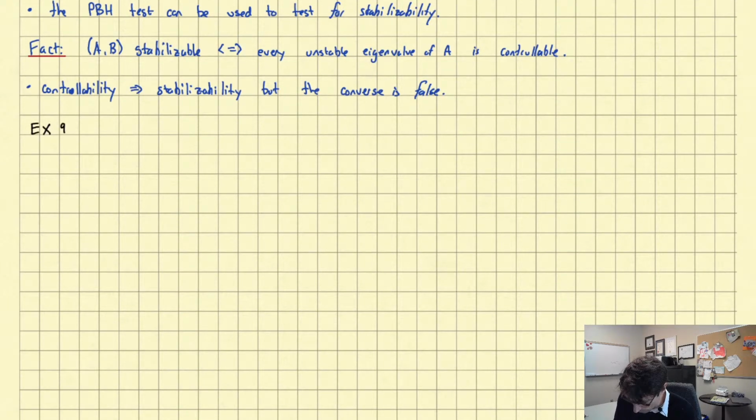This example is from the notes. Okay, so let's write it out. So here's our system, and we want to solve the stabilization problem.